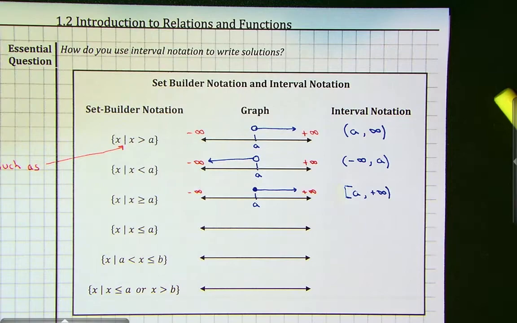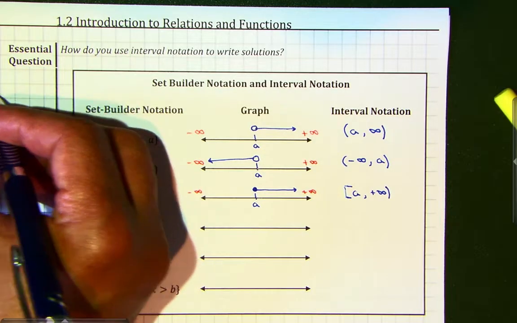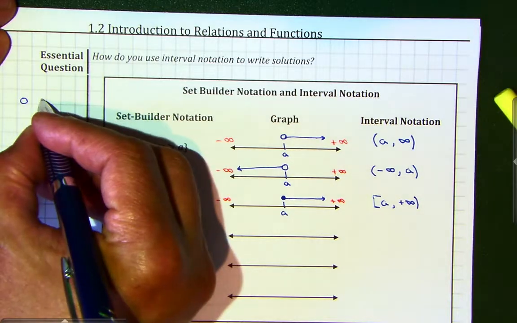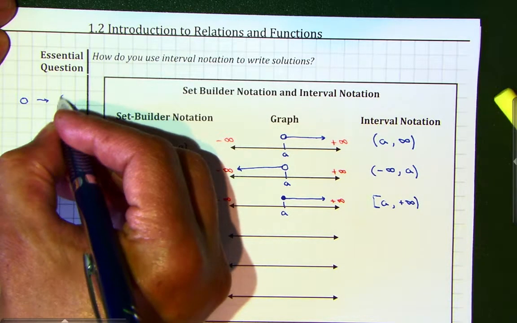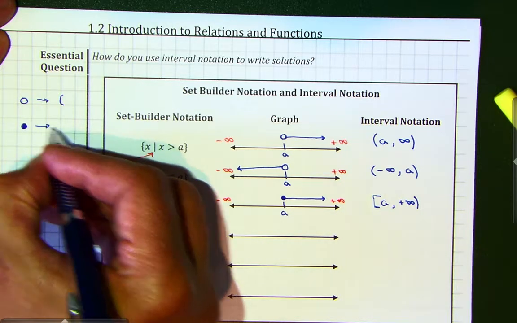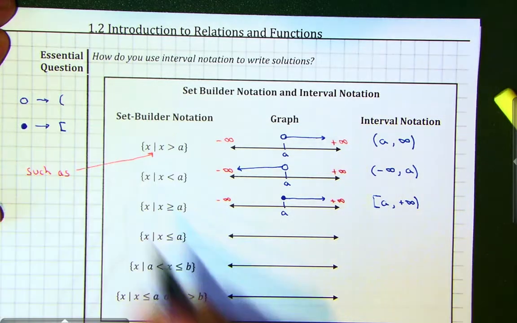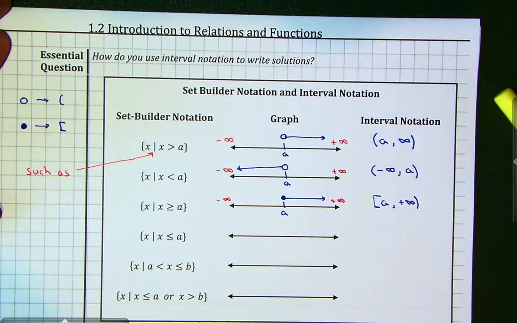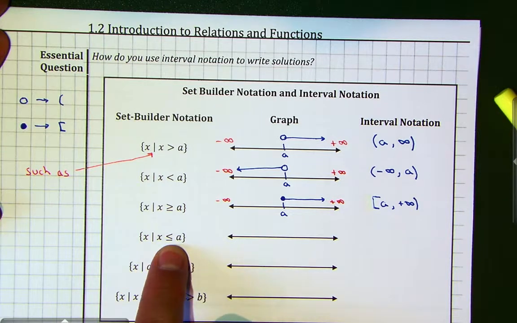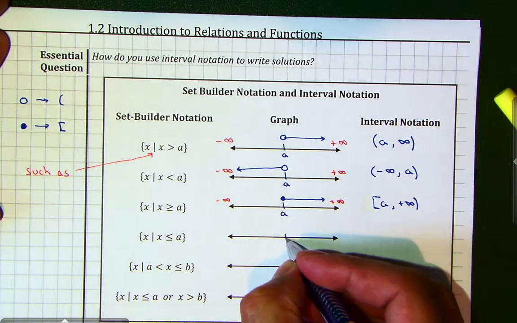So if it's open, we are going to place a parenthesis. If it includes the value, if it's closed, we're going to place a bracket. For the next one, all the values of x such that x is less than or equal to a, we're going to place our a in the middle.